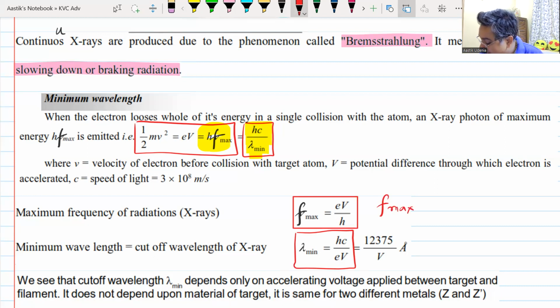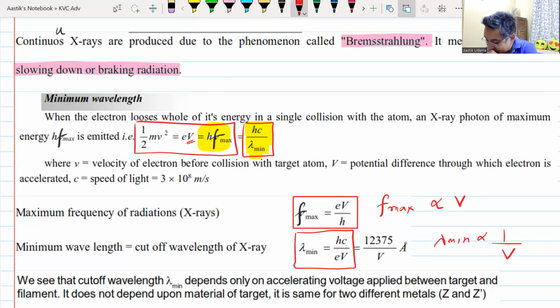This frequency max is directly proportional to the applied voltage. Do we understand this applied voltage V? Because of this applied voltage, only the electron is getting accelerated. And if this accelerated electron loses the entire energy in the first collision, you will have the X-ray with maximum energy or maximum frequency or minimum wavelength. So this lambda min is inversely proportional to this applied voltage.